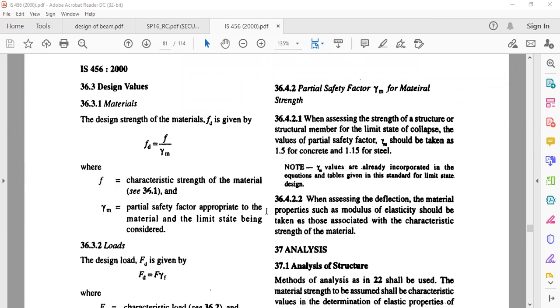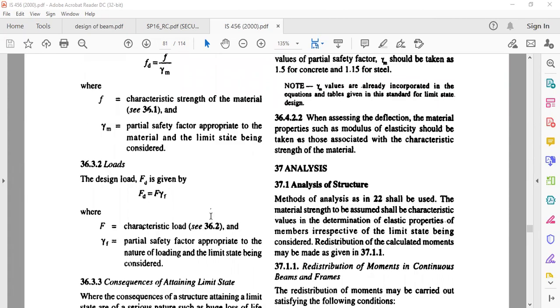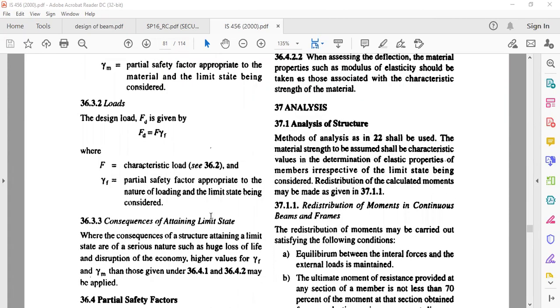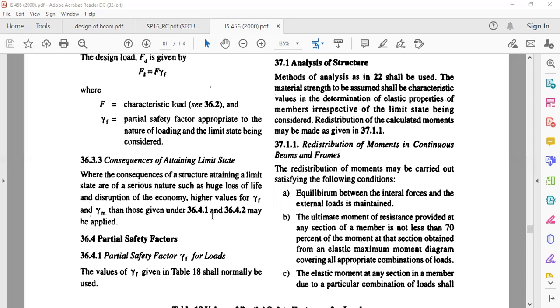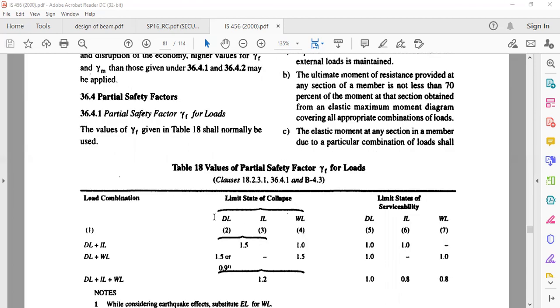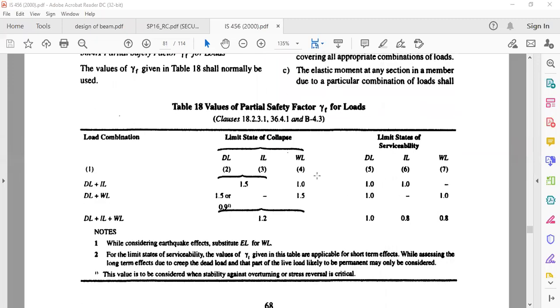Design values, yes, you will be able to see the exact design strength. Then we have considered the partial safety factor. You can see these are the values here, table number 18, values of partial safety factor for load.